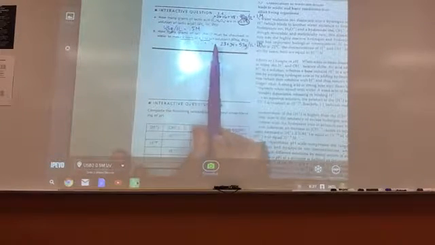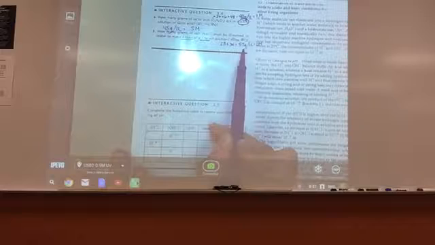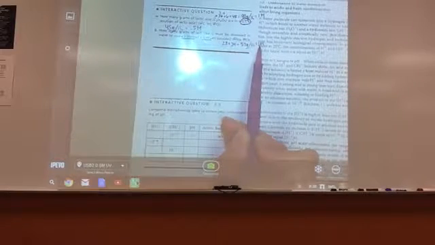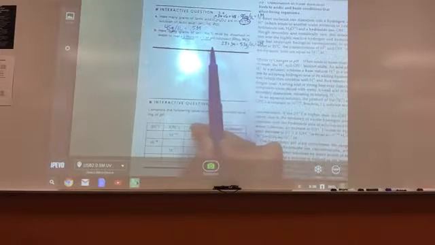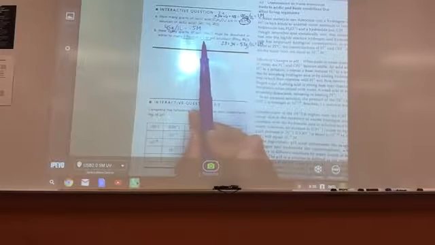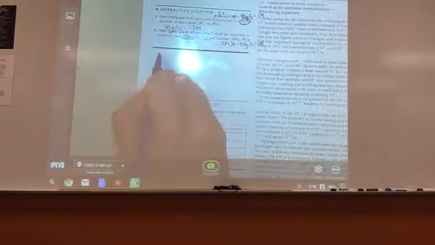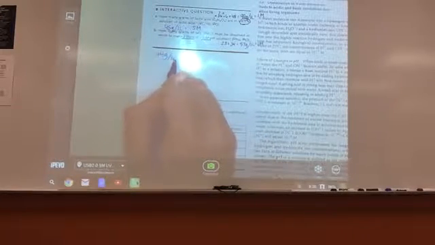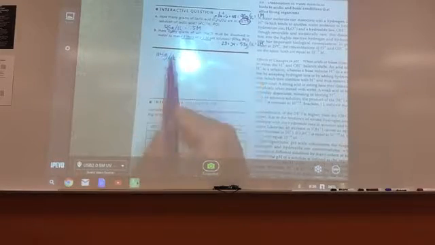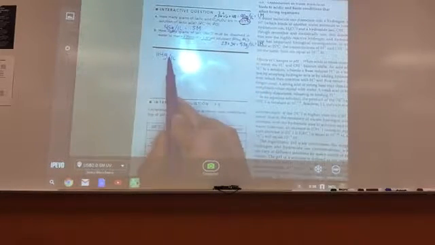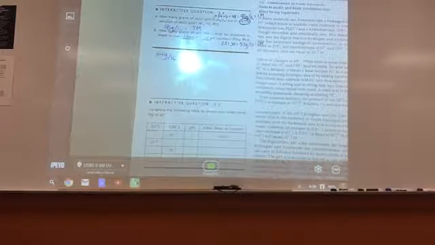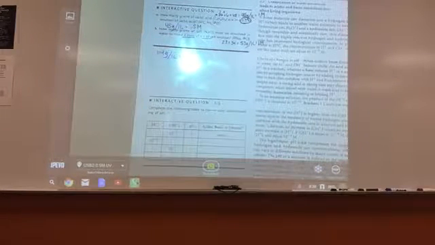Think about this like, 57 grams in 1 liter makes a 1 molar solution. If we doubled that to make a 2 molar solution, you need 114 grams per liter. But we need 2 liters of that, so we multiply it by 2 again, so you would need 228 grams in the 2 liters.